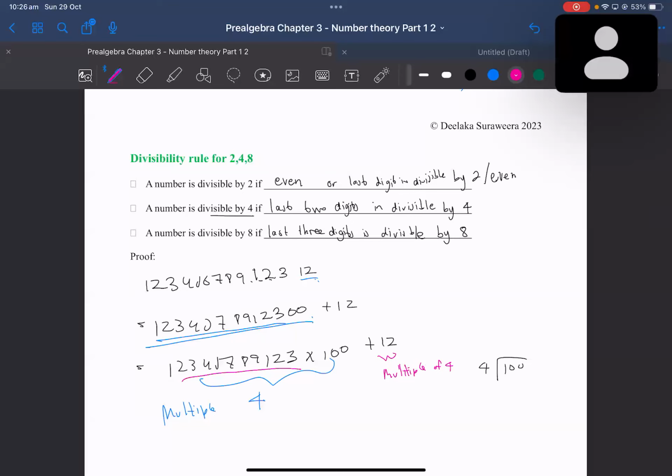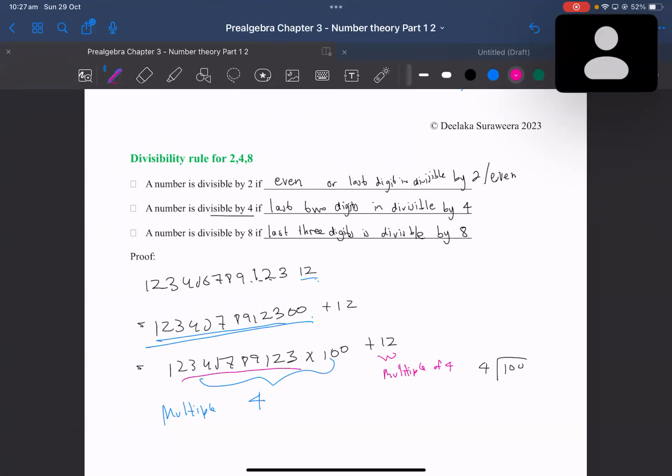So if you have like 65986, 864, it'll be divisible, but for 8 you need to check the last 3 digits. I think 864 is divisible by 8. 64 is divisible by 8. No, but you need to check the last 3.